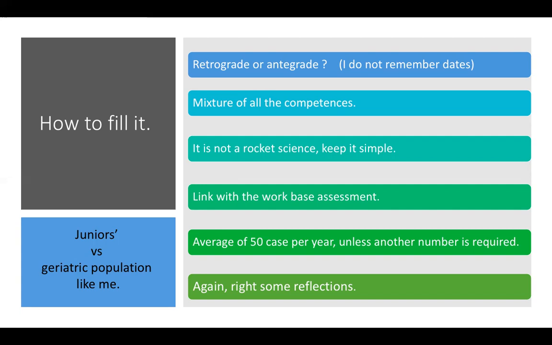You don't need many cases, the average could be 50 cases per year. It could be more, happy days. But again, keep it simple. It's not rocket science. You don't need to prepare an empty logbook. It's simple details. I'll show you in 2 slides coming about this.